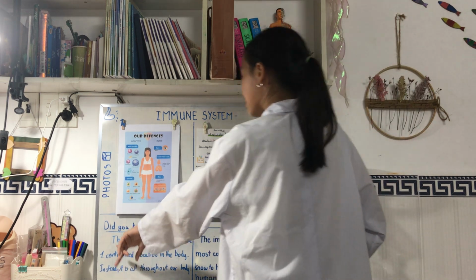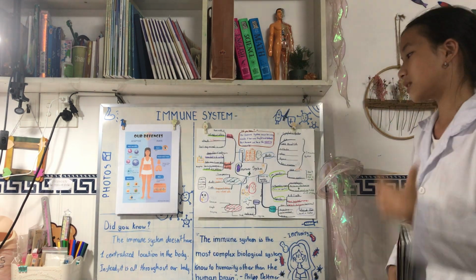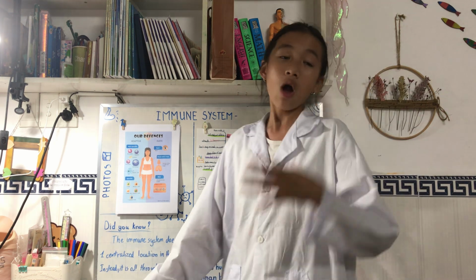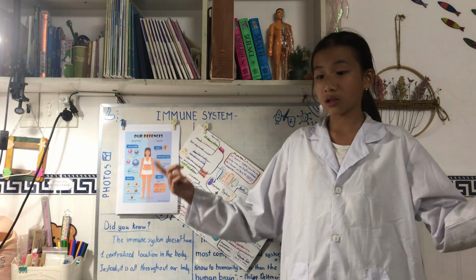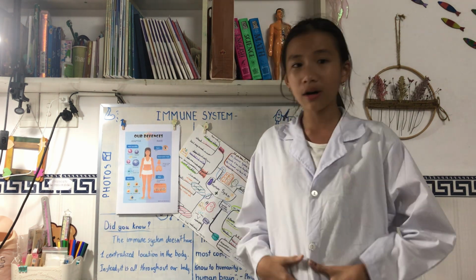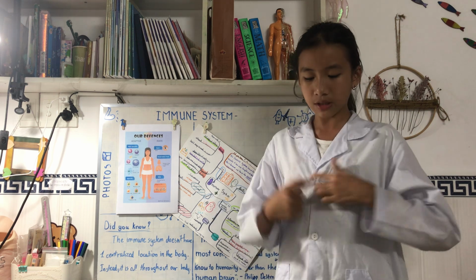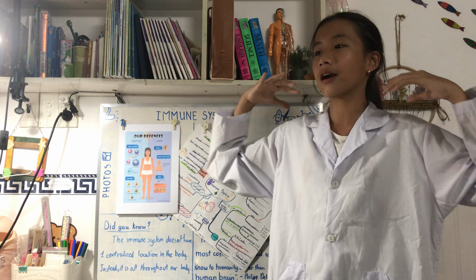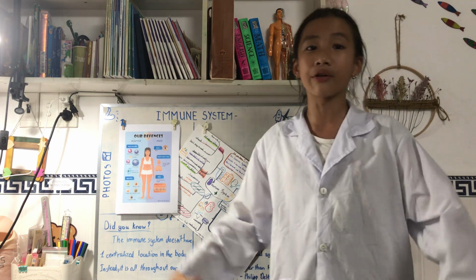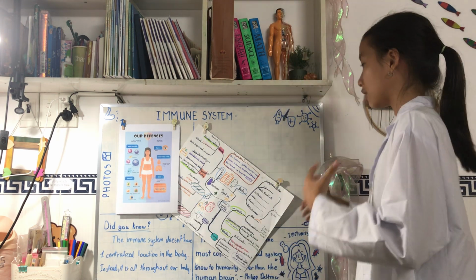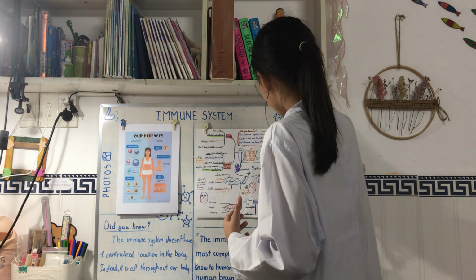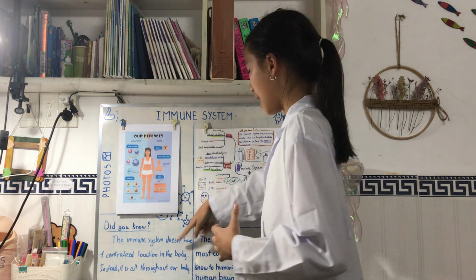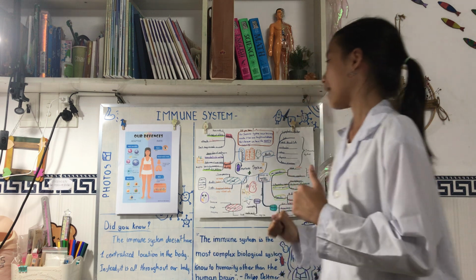We also have the fact that the immune system doesn't have one centralized location in the body, like the brain or the lungs, or the respiratory system, or the digestive system, which is in this area. Our brain is in this area, but our immune system is spread throughout our whole body. It doesn't have one centralized point. So that is our fun facts part.